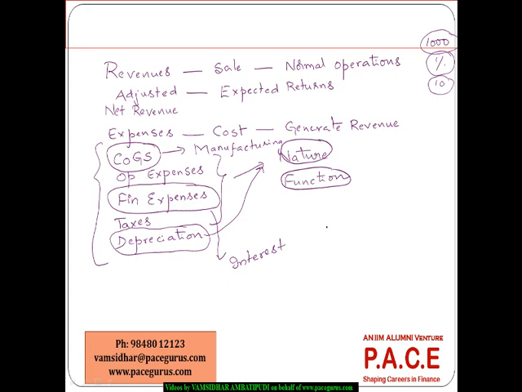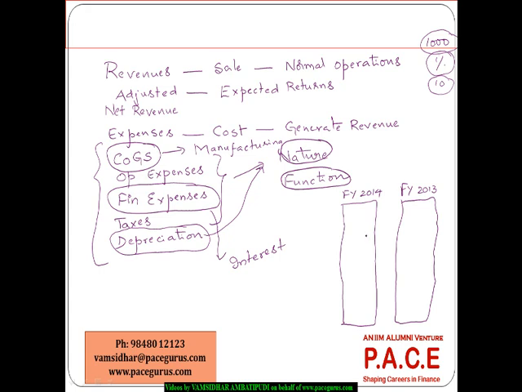And from a presentation standpoint, it is expected that in a particular income statement, if I am preparing it, let's say for the financial year ending 2014, I need to even present the same data one for financial year ending 2013 as well.